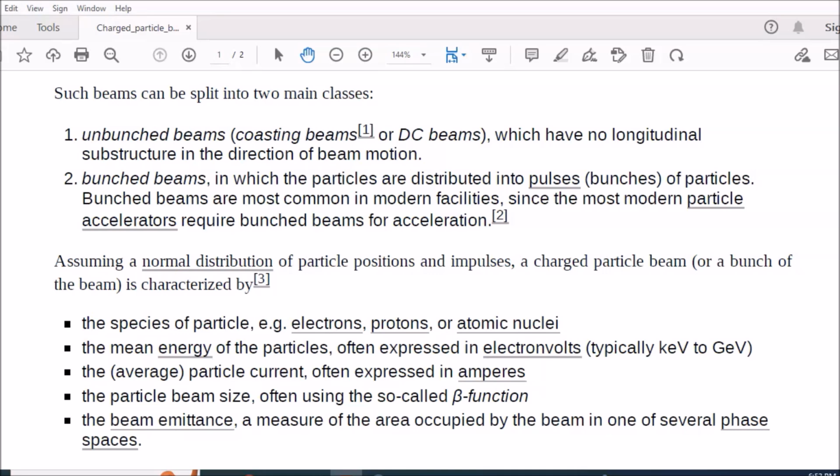So this is what we're looking for. Bunch beams. Bunch beams are what are going to get us our results. So bunching is a process of cells collecting, and cells collecting is how humans are born.